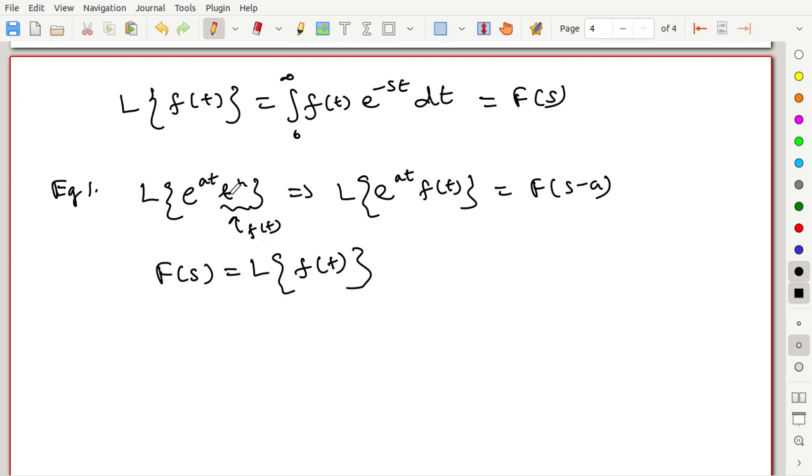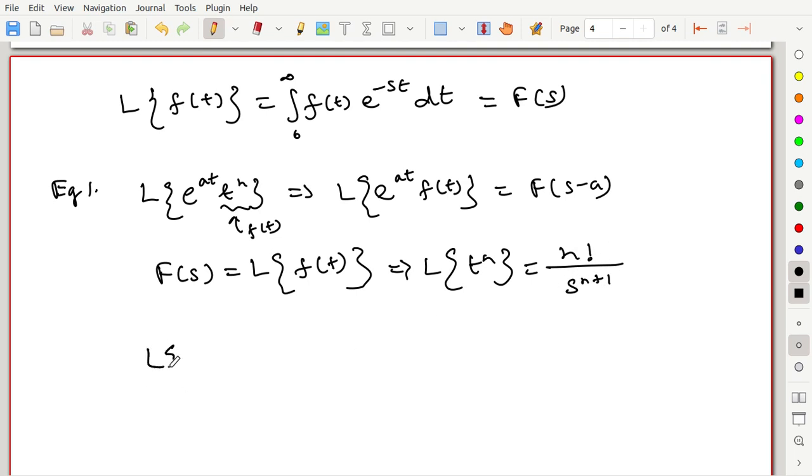In our case f of t is t power n, so this becomes L of t power n. From our standard results, L of t power n is n factorial divided by s power n plus 1. This is our F of s.